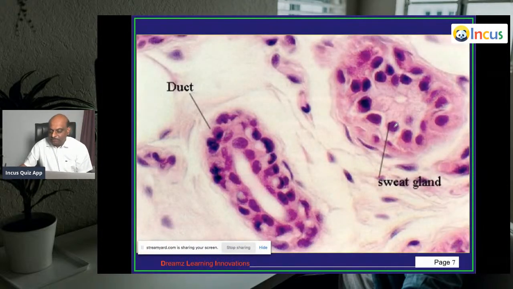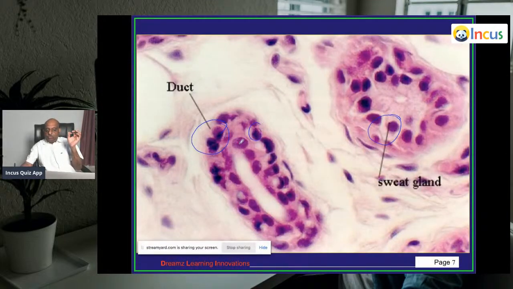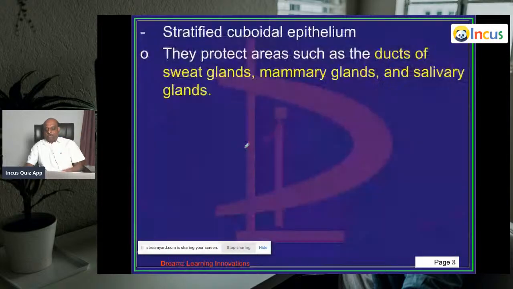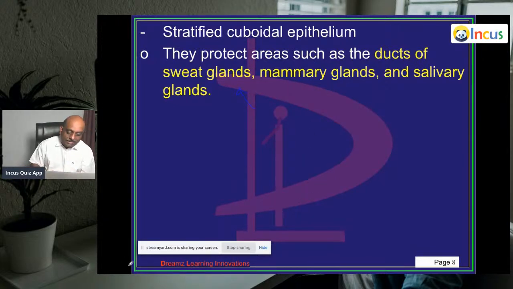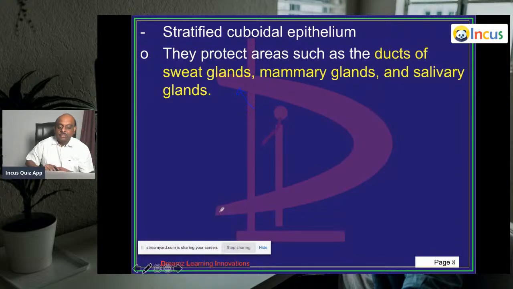So the ducts of the sweat glands have a stratified cuboidal epithelium, cuboidal shaped cells. So the ducts of sweat glands, mammary glands, salivary glands, typically you find stratified cuboidal epithelium.